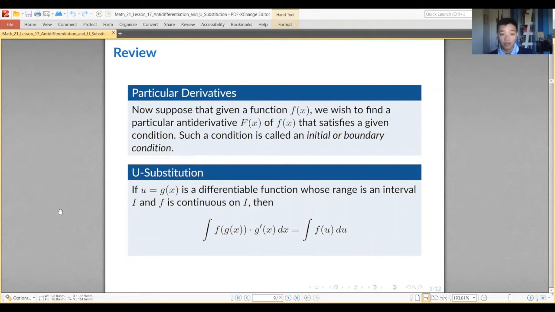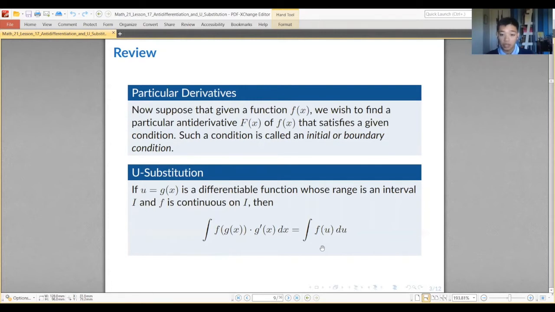If you let the function g be differentiable on an interval I, and f is continuous on that interval I, and you let g of x be denoted by u, then you have the antiderivative of the product of f of g of x, the composition of f and g, multiplied by the derivative of g of x with respect to x.